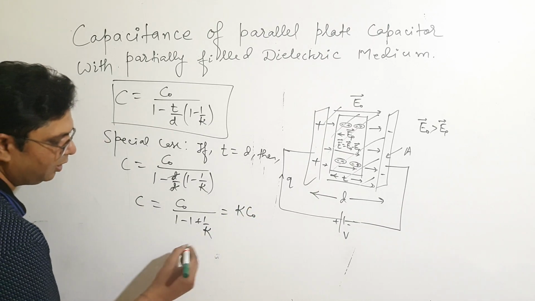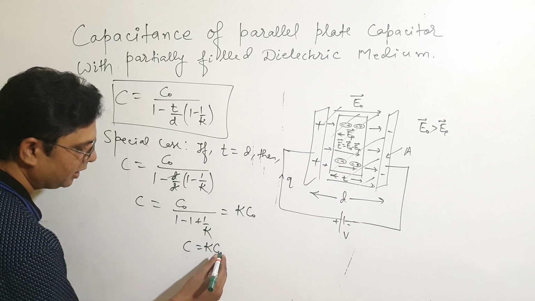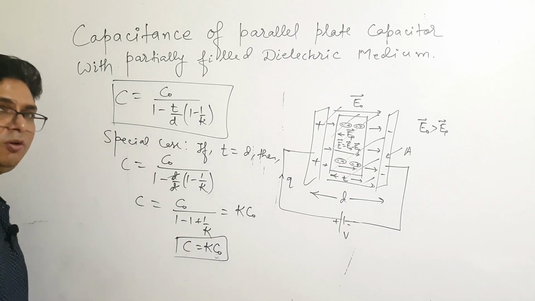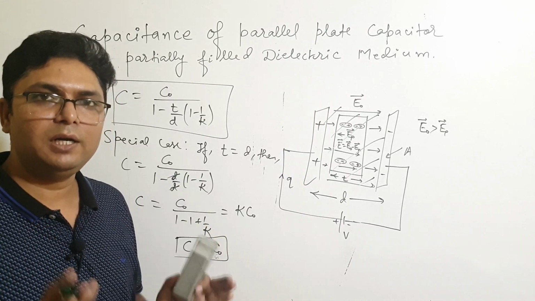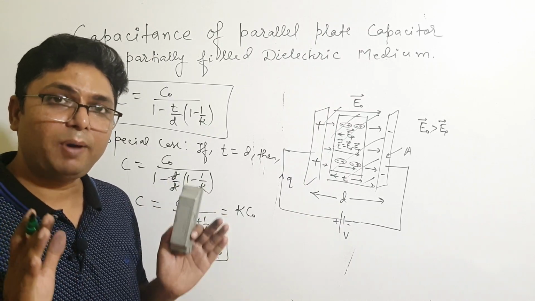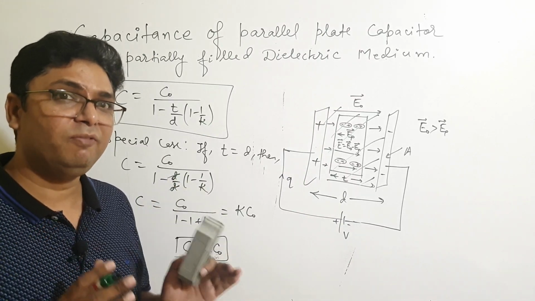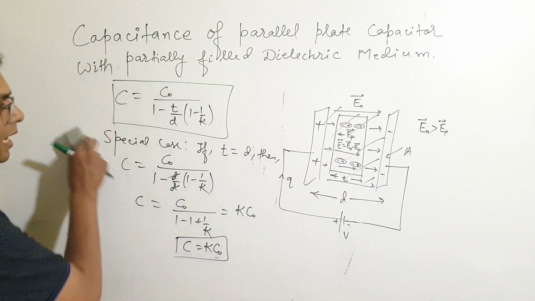So C equals K C naught. This equation you learned in my previous derivation, where you learned the capacitance of a parallel plate capacitor with a completely filled dielectric. Let us have a numerical.